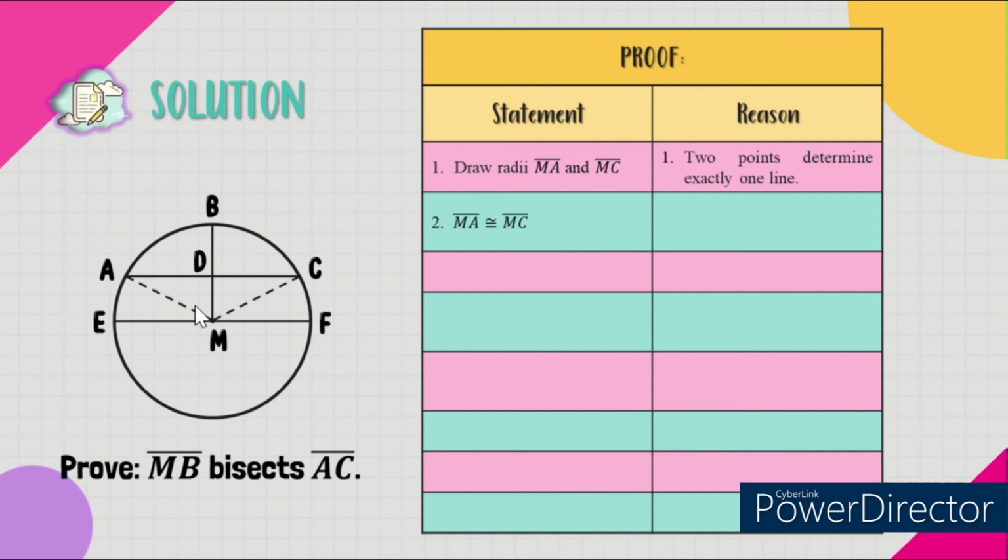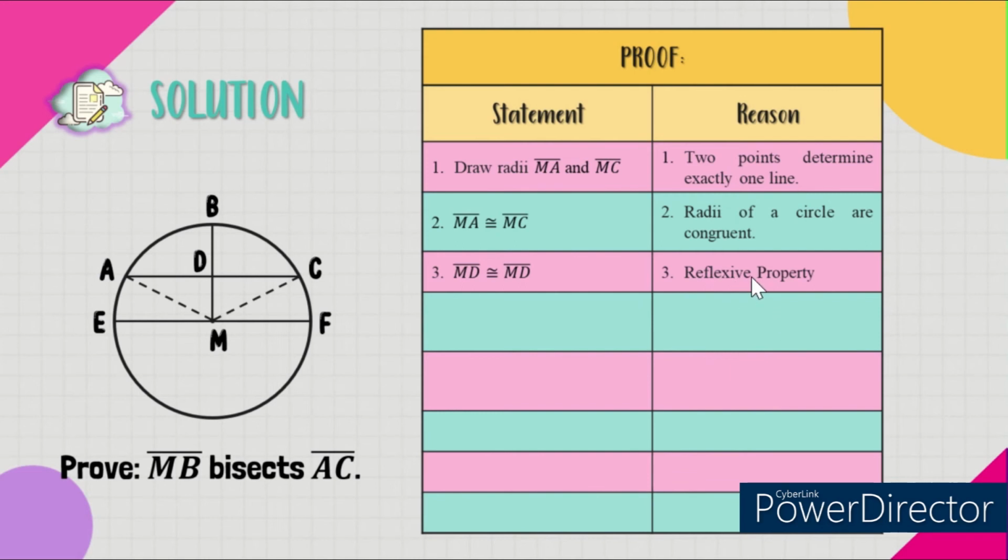Okay. So next, line segment MA is congruent to line segment MC, and it is because the radii of a circle are congruent. Next, for number 3, it says line segment MD is congruent to line segment MD because of the reflexive property.